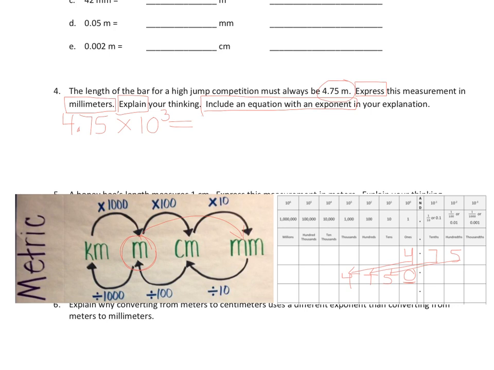So I have 4,750 as my answer. So now we kind of have to explain our thinking. What did we just do?